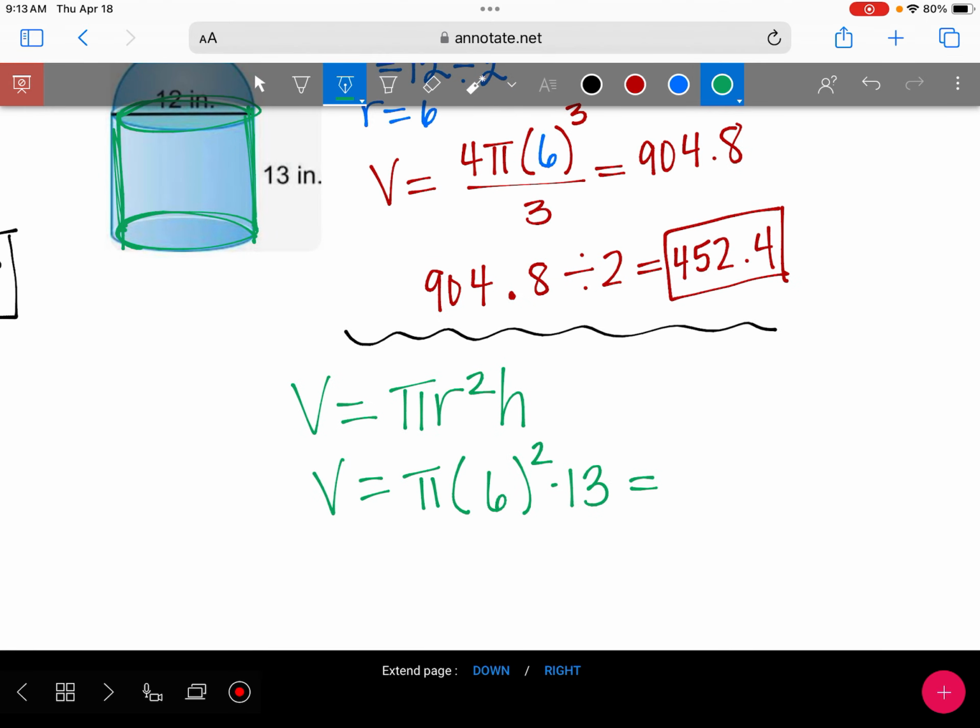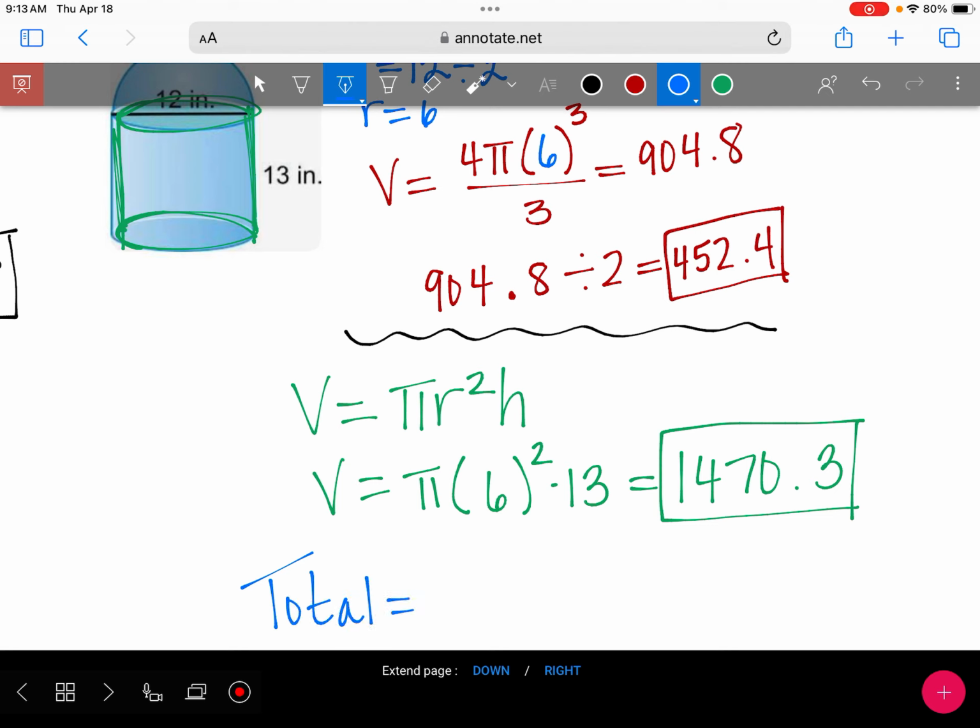And that's a whole cylinder. So we don't have to divide that by 2 because that's the entire cylinder. So that's this answer. So to find the total, we're going to add those together.